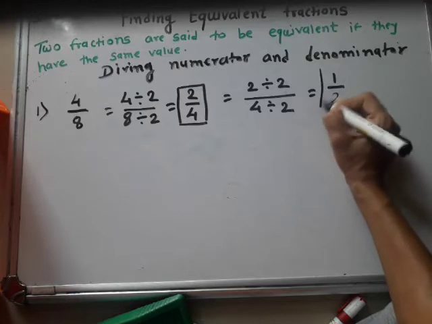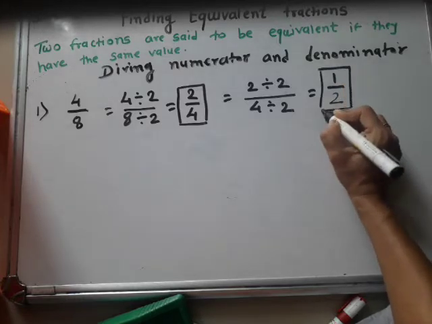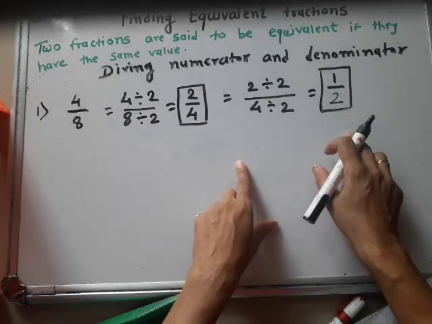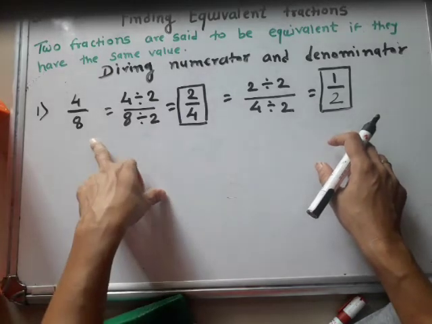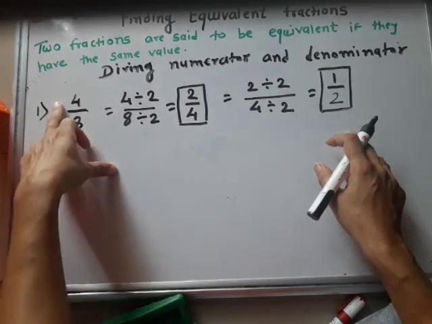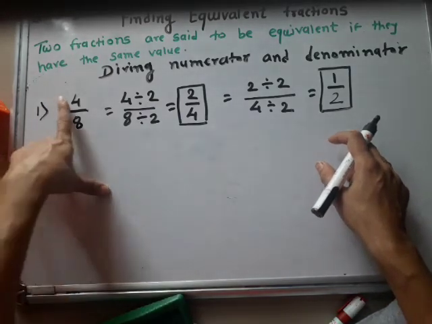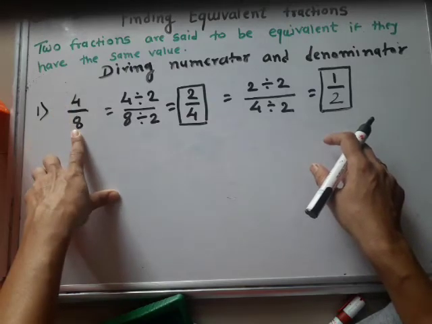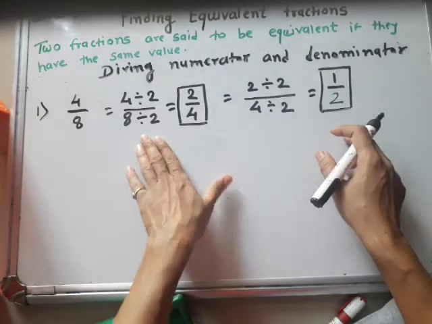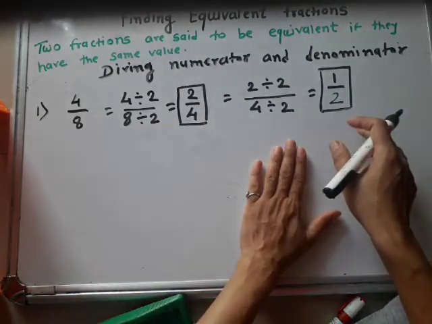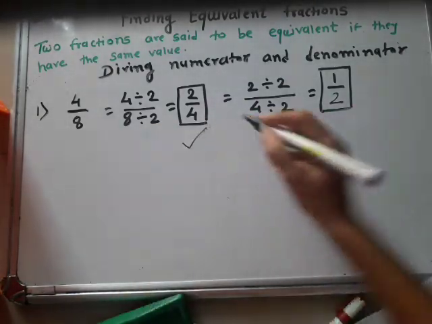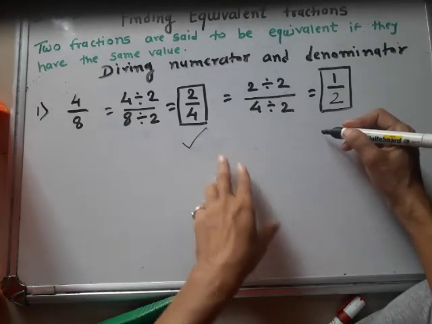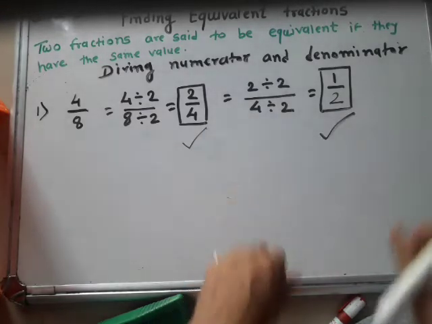So what is your answer? We get 1/2. This is the next equivalent fraction. Directly, when we convert into lowest form, 4 1s are 4, 4 2s are 8. So here we solved this example step by step. The first equivalent fraction is 2/4, then the second equivalent fraction is 1/2.